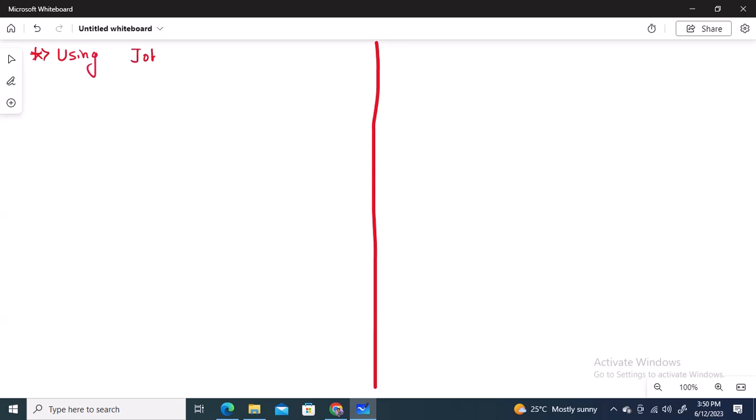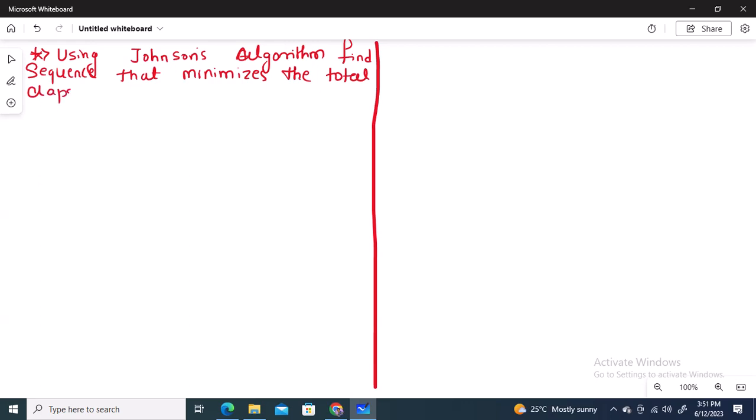Using Johnson's algorithm, find the sequence that minimizes the total elapsed time required to complete the given jobs on two machines.